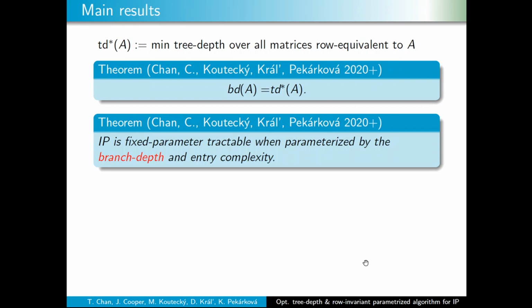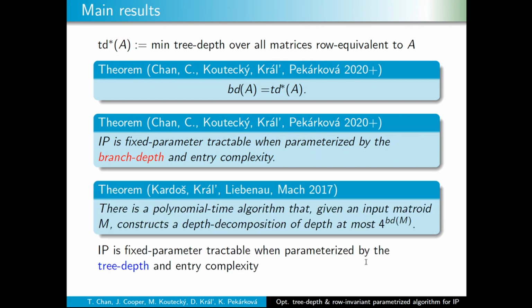So in the remaining time, let me give you a very quick blueprint for the proof of our main theorem. For constraint matrix A, we obtain the vector matroid formed by its columns and apply the following result of Kardoš, Král', Liebenau, and Mach to obtain a depth decomposition that may not be optimal, but has small depth.